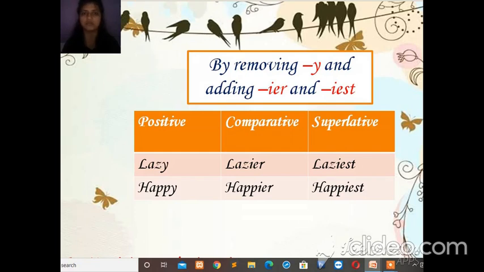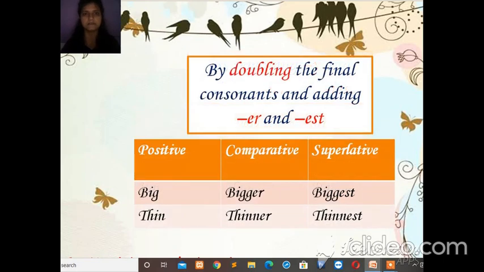We have to remove y from the positive, the normal adjective, and add ier for comparative and iest for superlative.